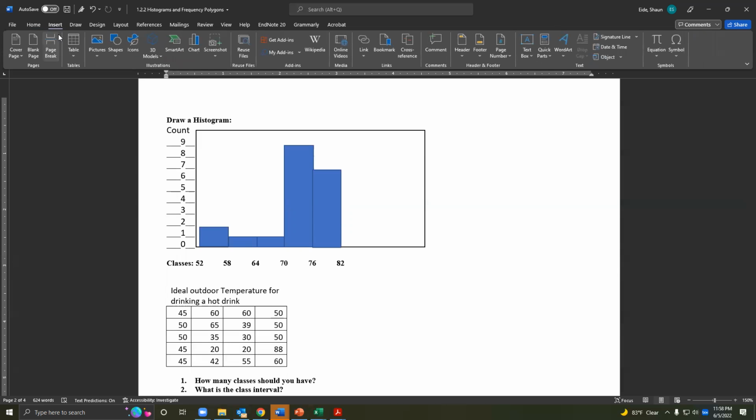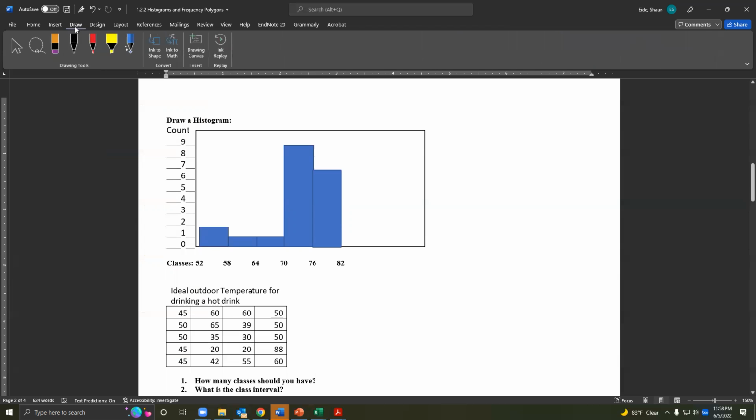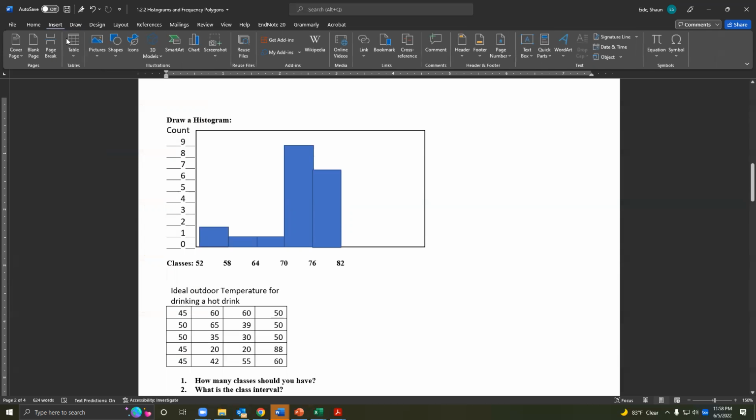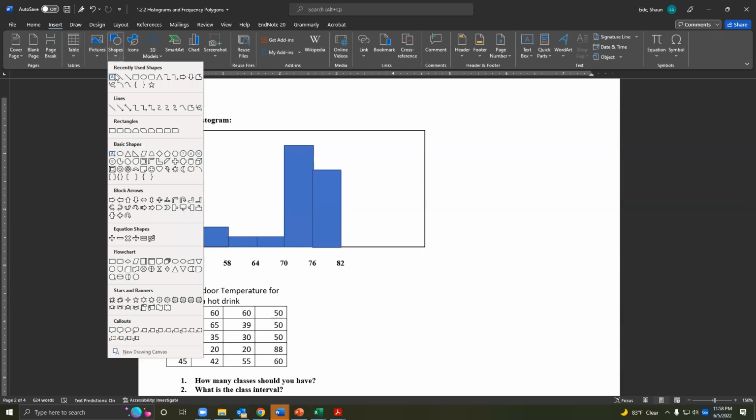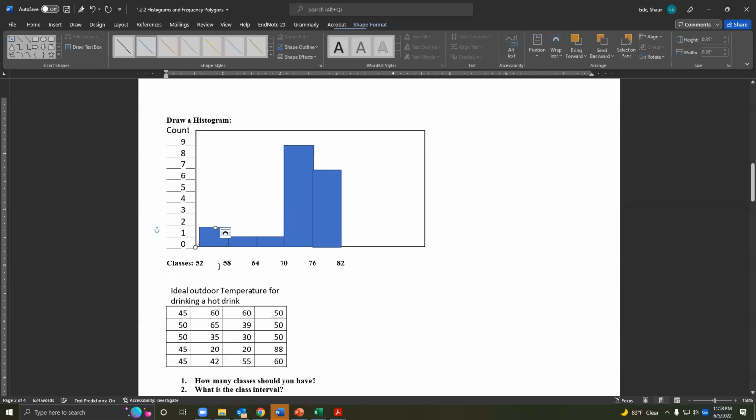So we're going to insert, and you technically start at 0, then you go to the midpoints.